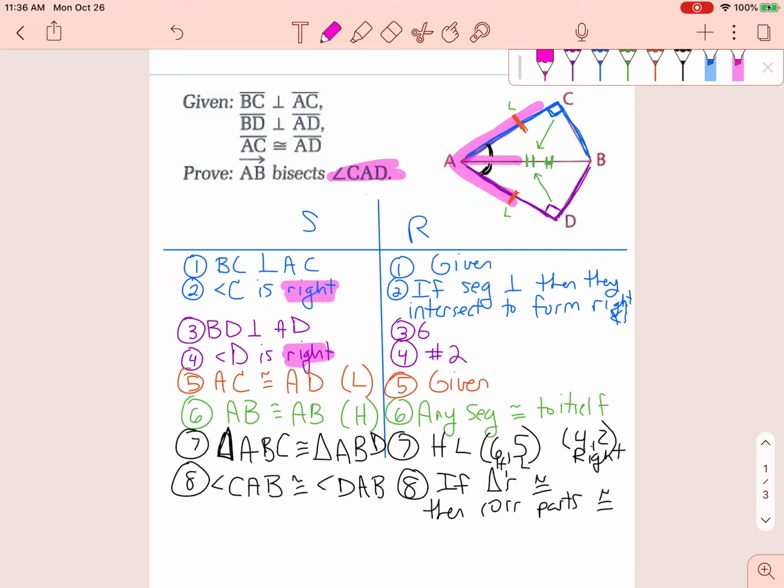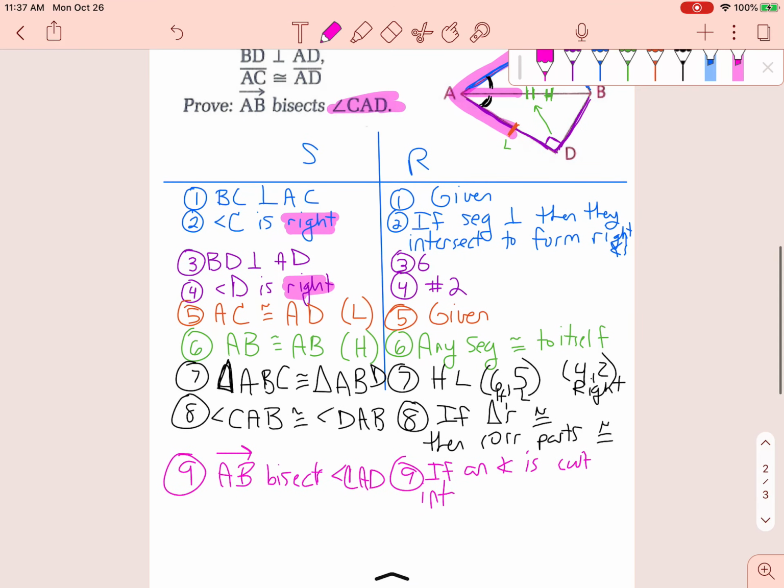And why do I care that those parts are congruent? Because now I know that AB bisects angle CAD. If an angle is cut into two congruent angles, then it was bisected.